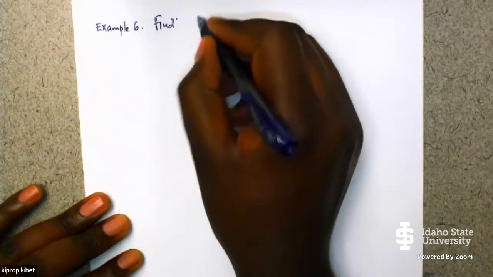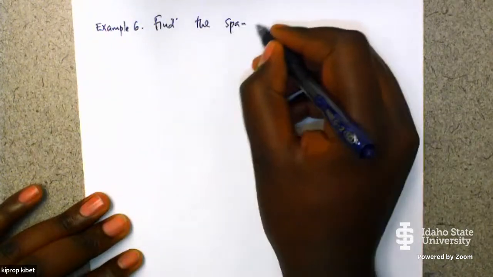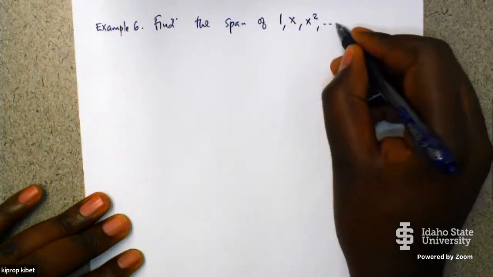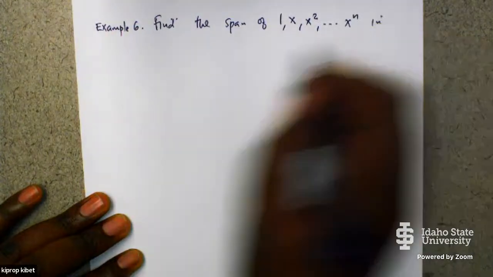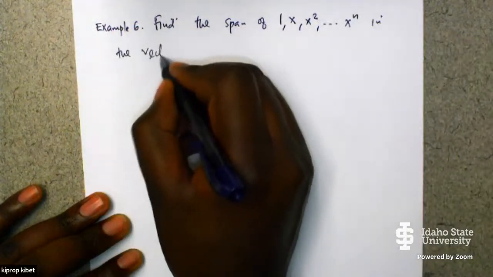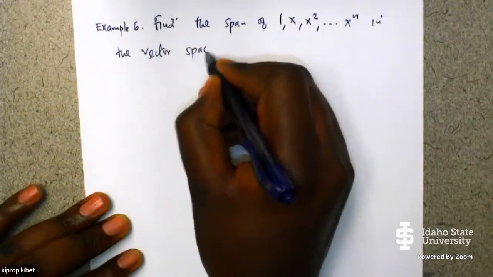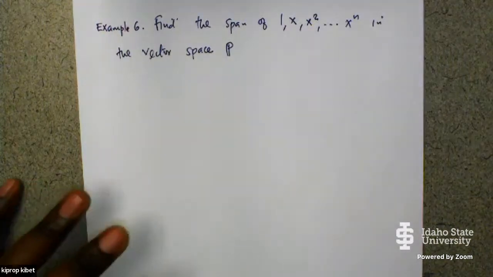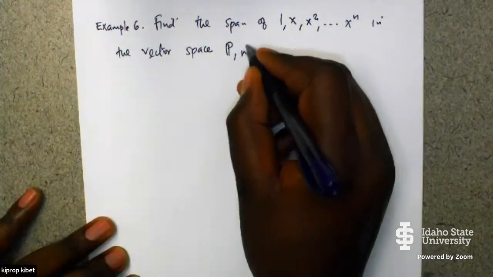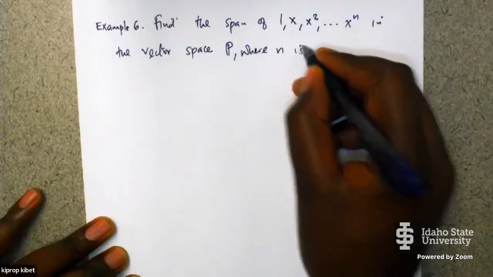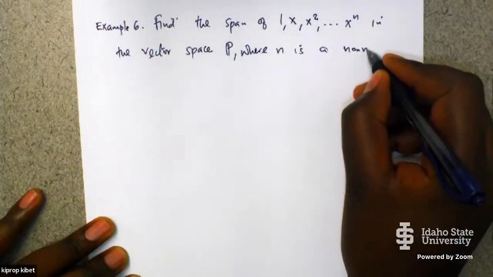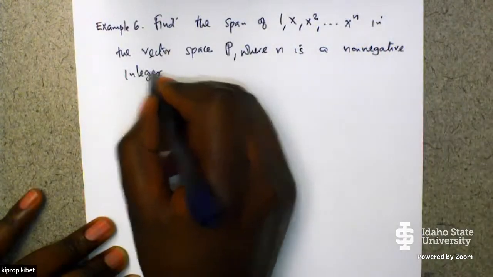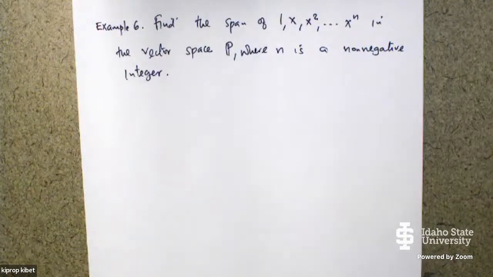Find the span of 1, x, x squared, all the way to x^n in the vector space of polynomials with real coefficients, where n is a non-negative integer. Find the span of that.